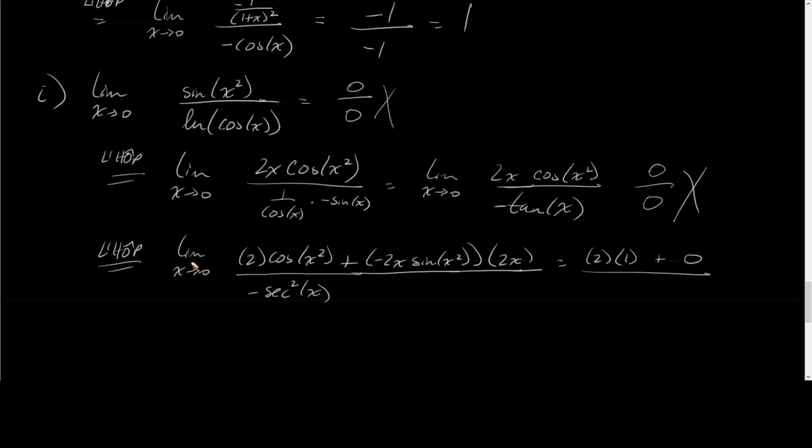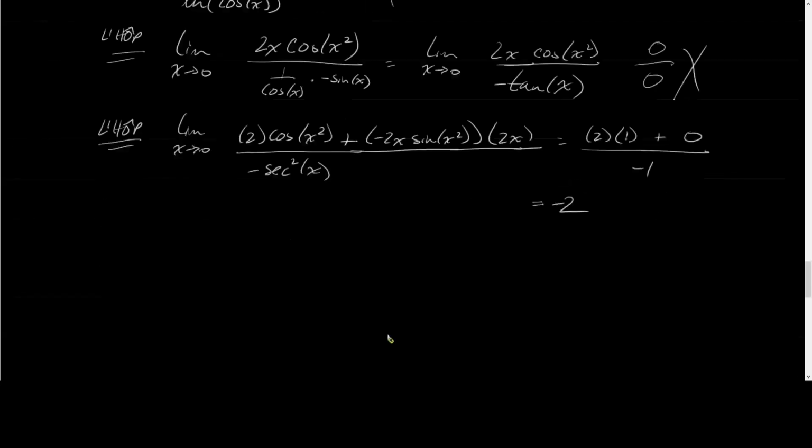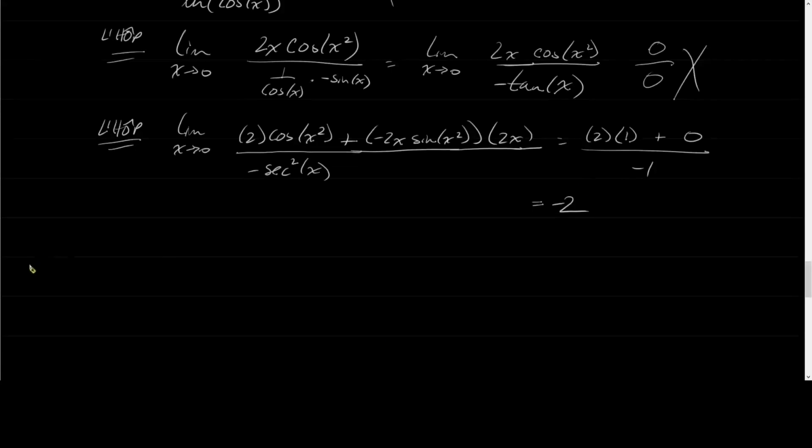Secant of 0 is 1. 1 squared is 1, and with that negative, I end up with negative 1 here, giving me my solution of negative 2. And that will be the final answer there.